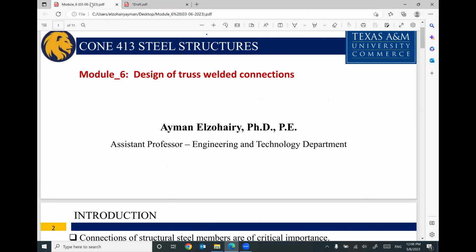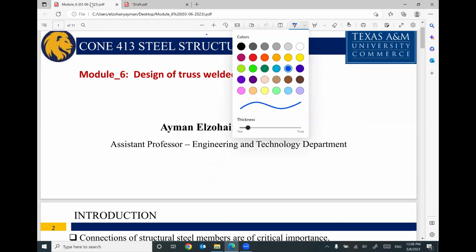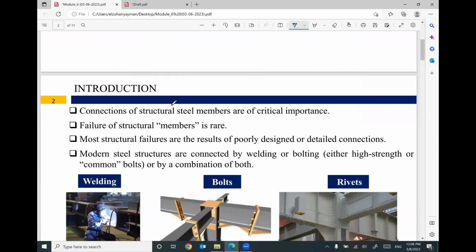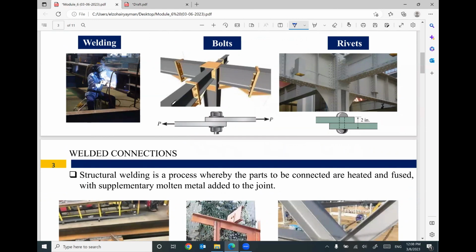Today, we will have a different concept. We are using welded connections. I would like to show you: these are bolted connections, these will be welded connections, and these are rivets.